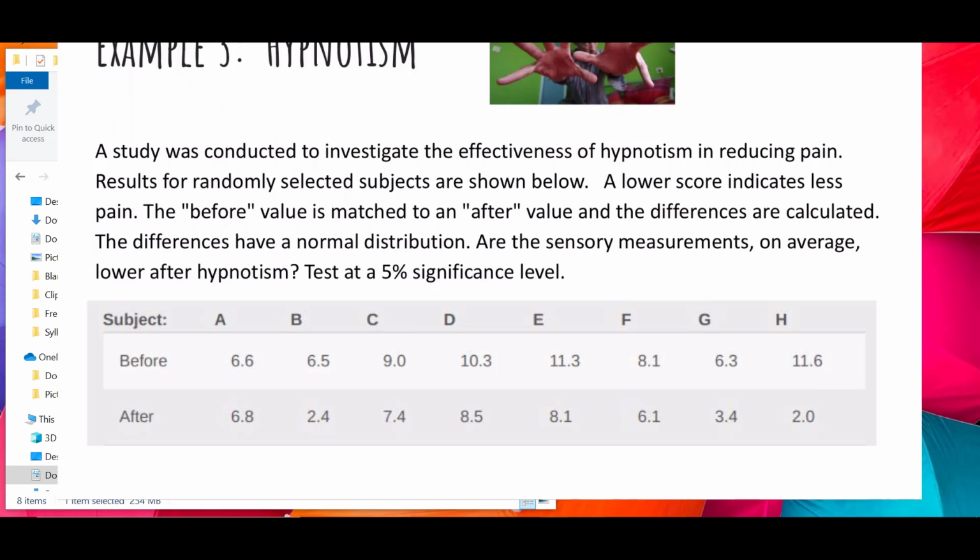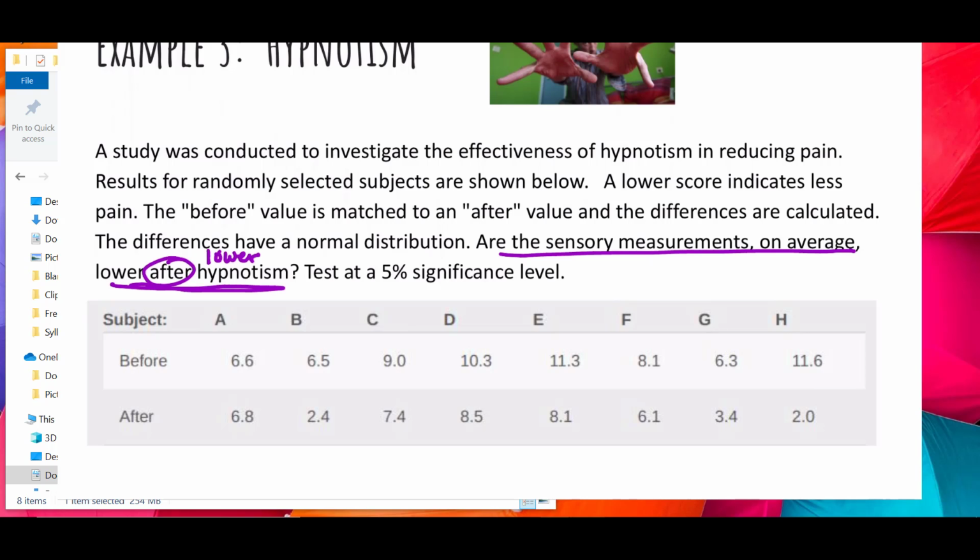Results for randomly selected subjects are shown below. A lower score indicates less pain. The before value is matched up to an after value, and the differences are calculated. The differences have a normal distribution. Are the sensory measurements on average lower after hypnotism?